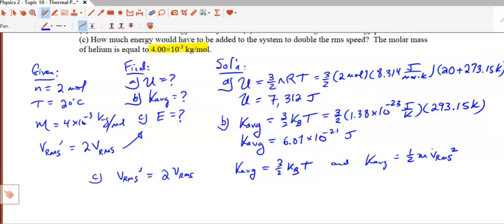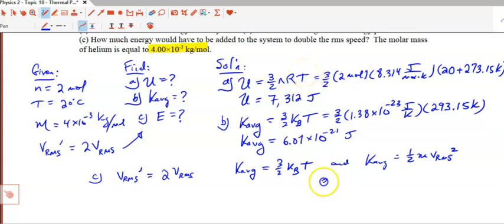I guess what we need to do is see what effect it would have on the kinetic energy. And I'm assuming that we're not adding more molecules, we're just adding more energy, like thermal energy, just like U essentially. So in order to increase the internal energy, we want to increase the temperature.